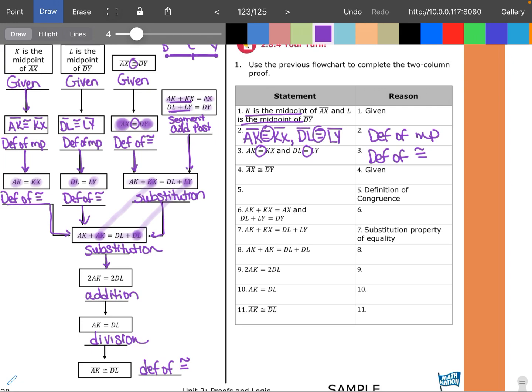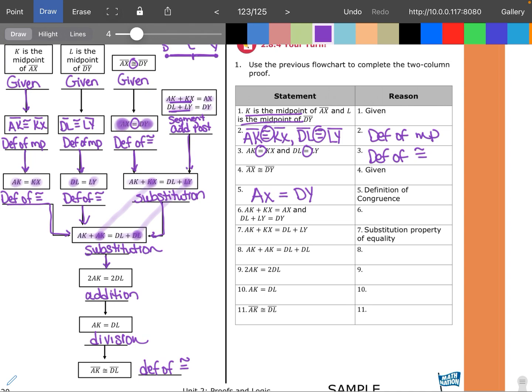Number 4, we have our third piece of given information, that the two segments are congruent to each other. And we are trying to figure out what would go in number 5, and it looks like we're going from congruence to equality again, especially when it's given us that definition of congruence. So I'm just going to rewrite AX is equal to DY.